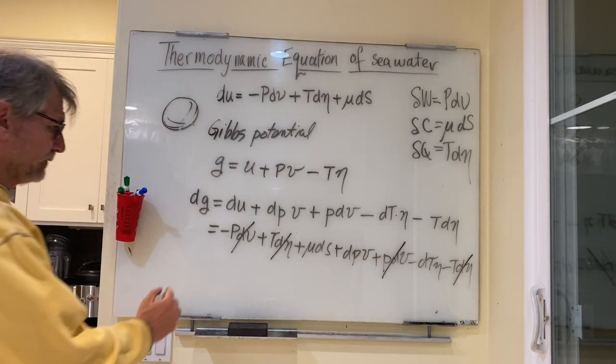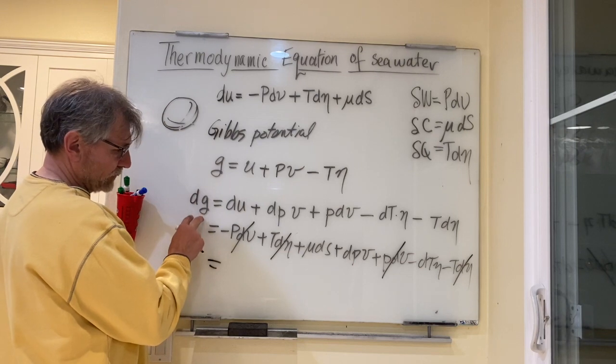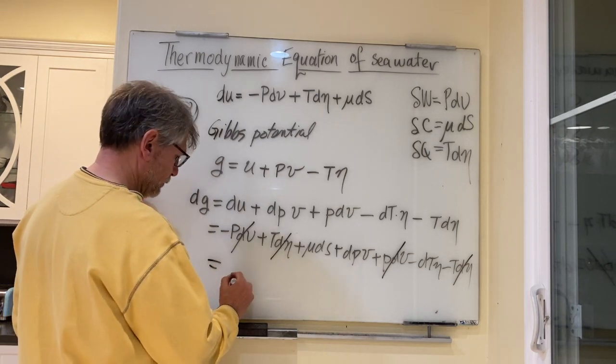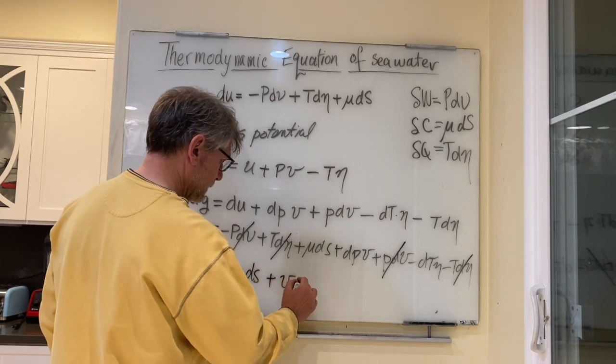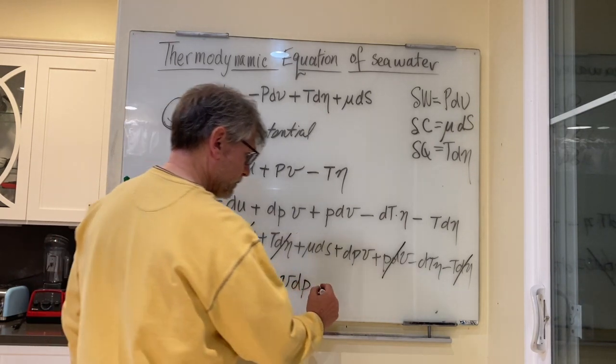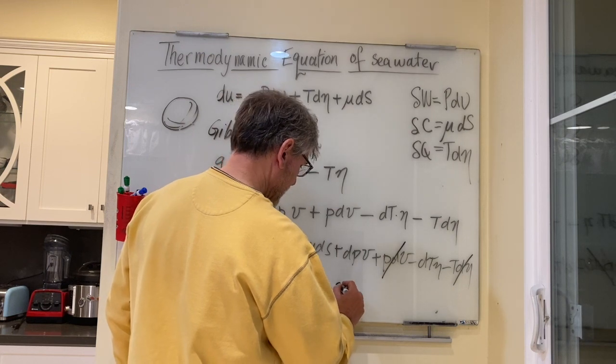And all I'm left with is that the differential for G is equal to mu ds plus v dP minus eta dt.